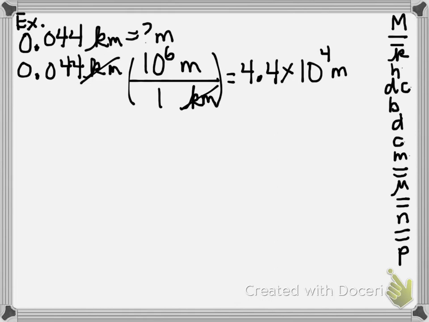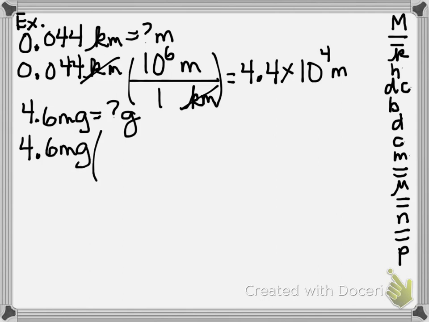Our second example, 4.6 milligrams is how many grams? Again, we start with our 4.6 milligrams. Because milligrams are what we're starting with and they're in the numerator, milligrams have to go in the denominator, and we're converting to grams. Milligrams are going to cancel out.